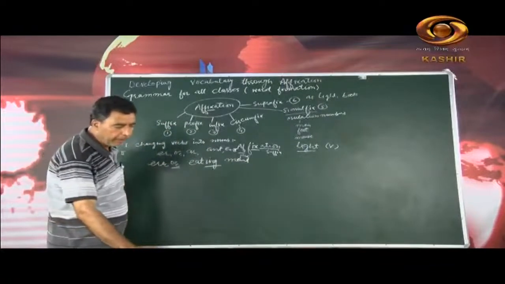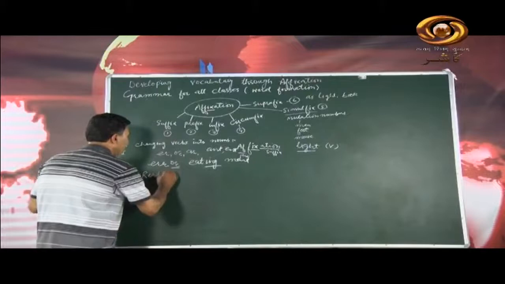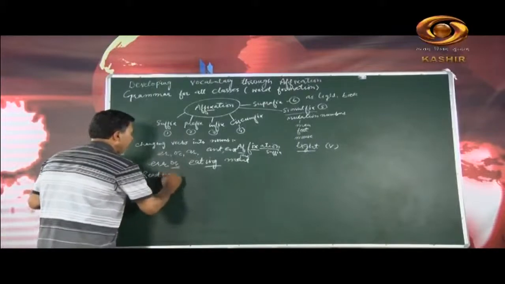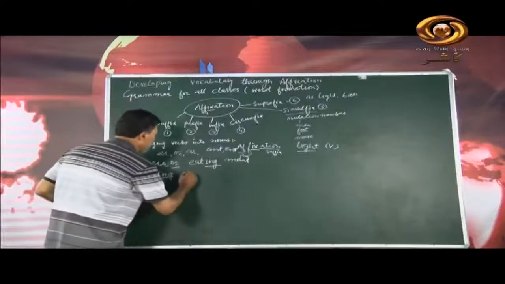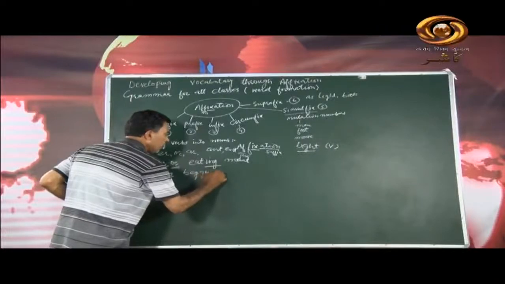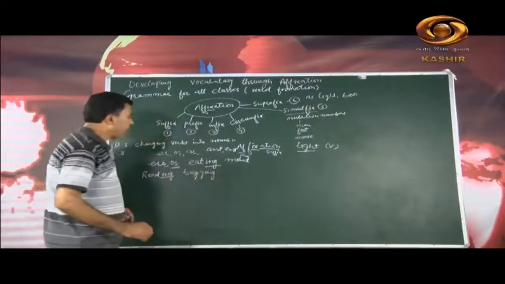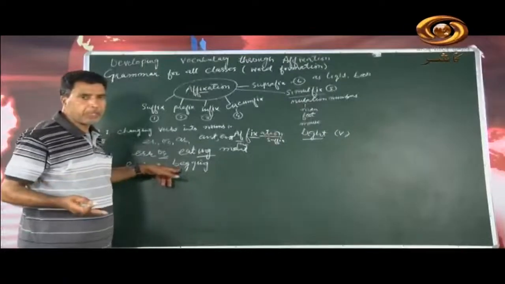For example, I will write here read, we add ing, it becomes reading. Or here is a word beg, sometimes we add this. You know, in English there are different spelling rules, there are exceptions also.